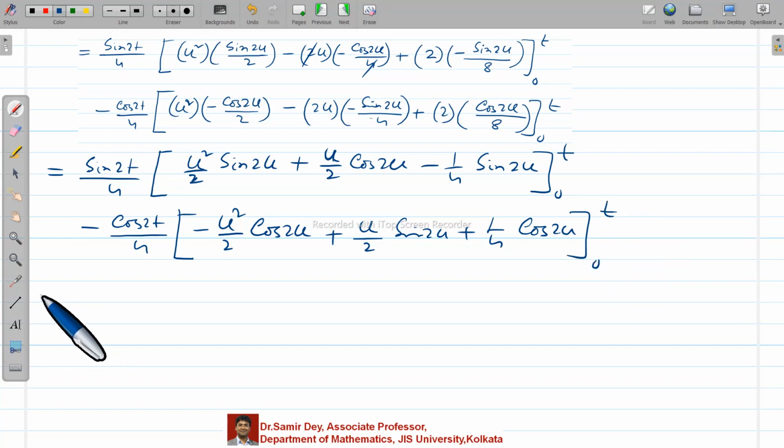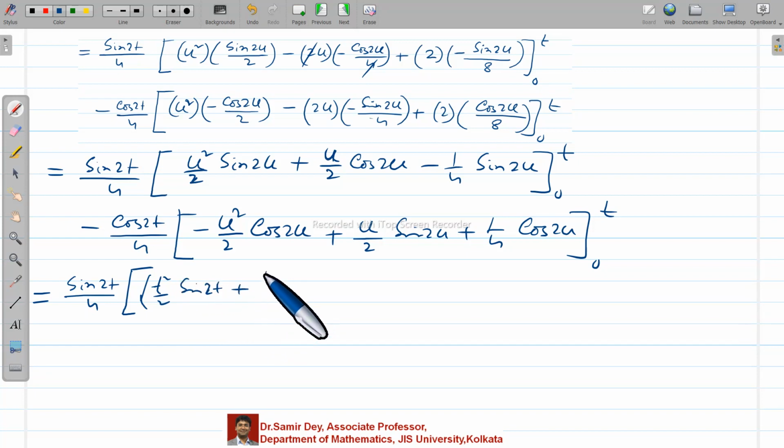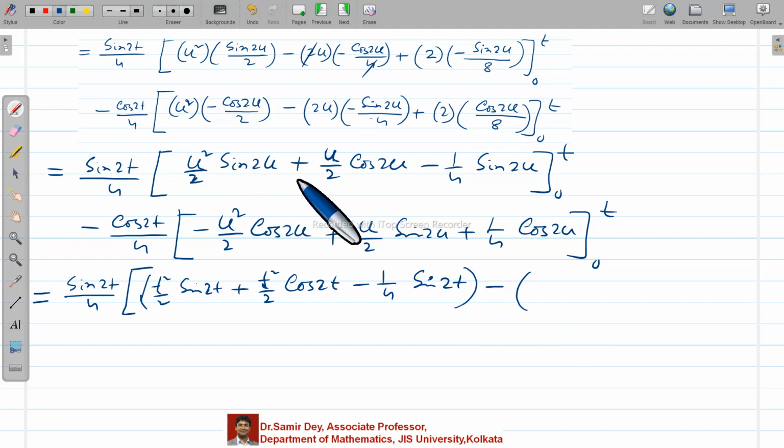Okay, now you first open your bracket, then you have to do your upper limit minus lower limit. Now from here, sine 2t by 4, so from here we may write upper limit means full, that is t square by 2 minus sine 2t, plus t square by 2 cos of 2t minus 1 by 4 sin 2t, minus lower limit, it comes to 0.